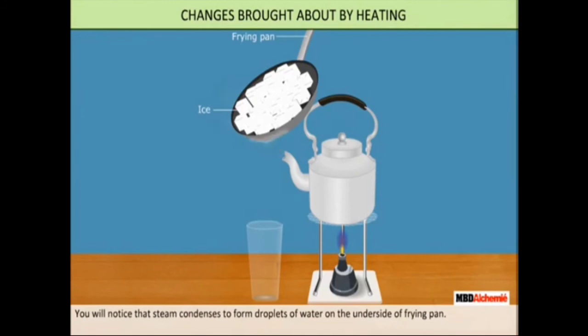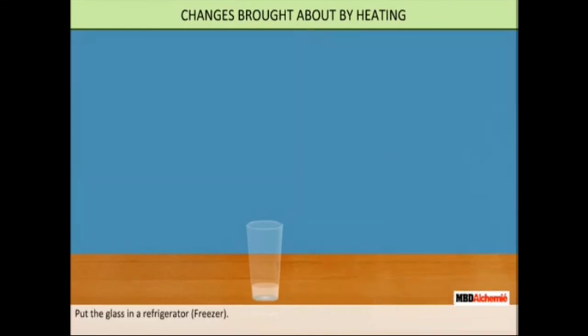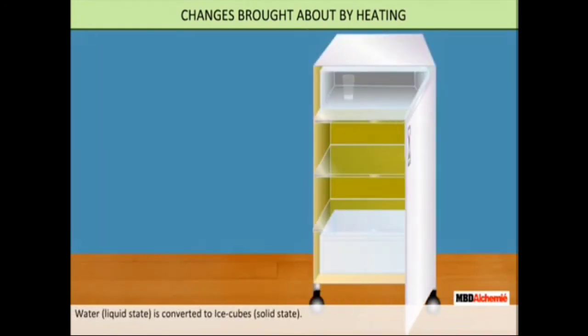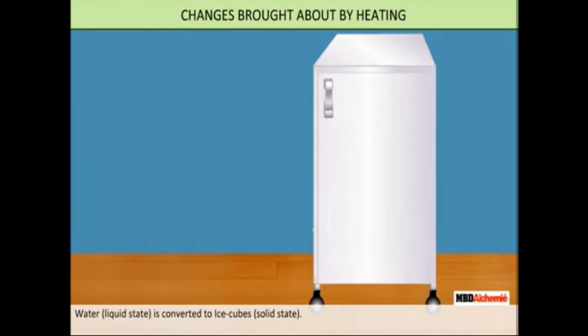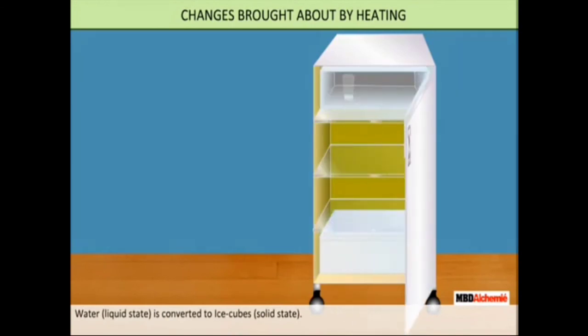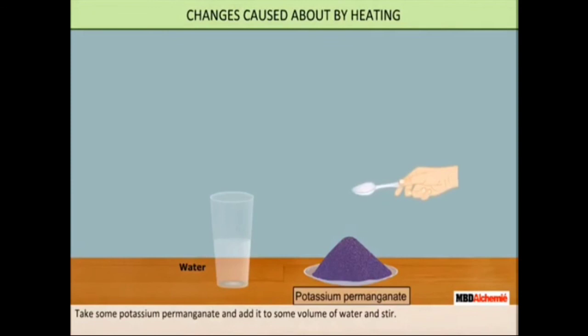You will notice that the steam condenses to form droplets of water on the underside of the frying pan. These droplets trickle down the sides of the frying pan and start falling. Collect these droplets in a glass. Put the glass in a refrigerator. The water will convert back to ice cubes. I have already told you about this experiment, right? Water can exist in three forms.